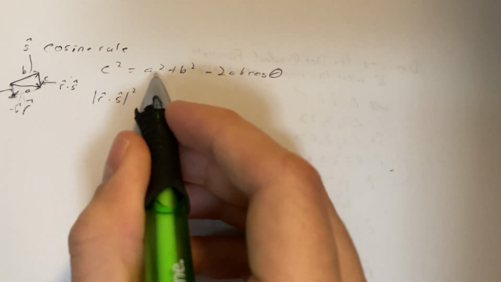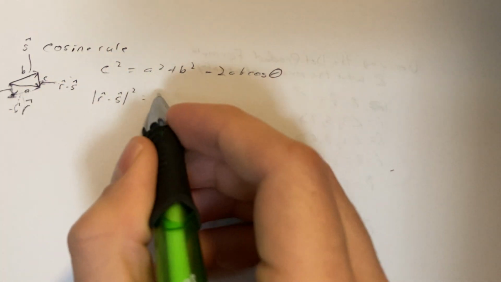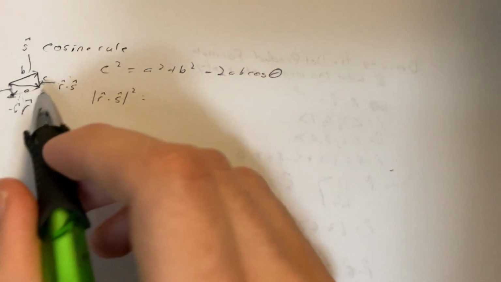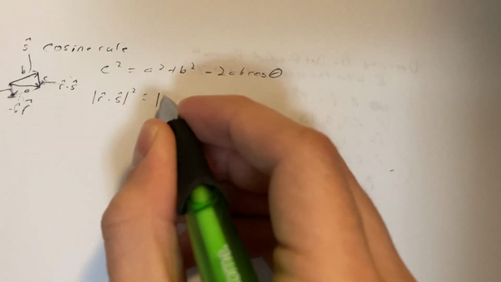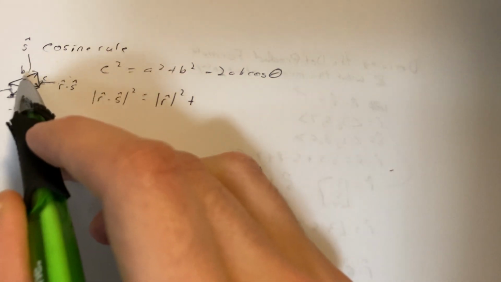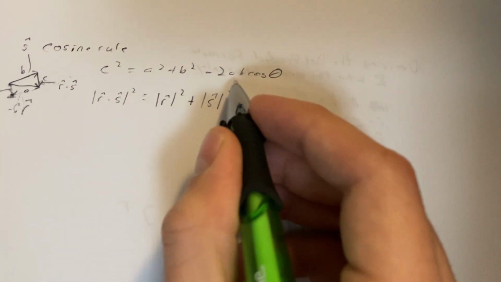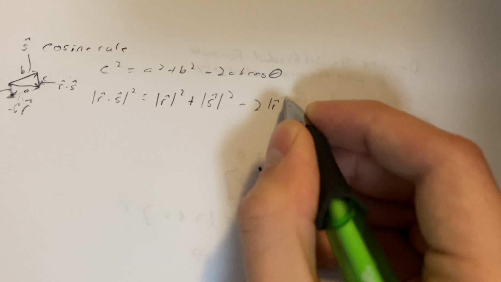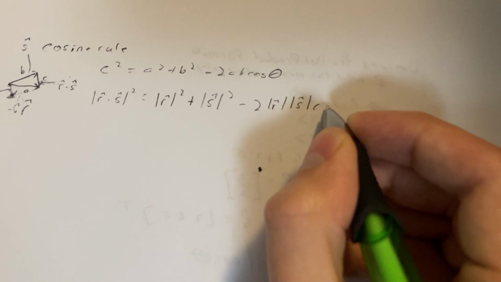And a squared plus b squared, well, a squared, we know, a is the vector R. Well, precisely speaking, a is the length of the vector R, or the modulus of R. But we're going to write an S, which is also B. And then we're going to sub an R and S for here as well. It's going to be 2 times R times S times cosine theta.